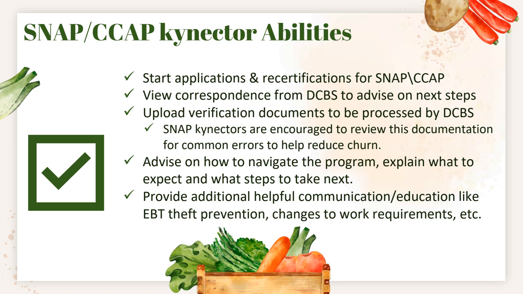They can look at correspondence, letters or notices that DCBS has sent, to help advise on whatever those next steps are. Another big one is that they can help upload documentation. If you've talked to anybody who's applied for programs, you know they usually go to the local office to have their documents uploaded or scanned, and sometimes that's a big trip. So having a kynector that can do that for you is really very helpful.